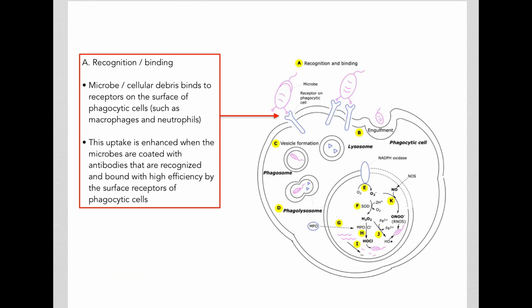In the first step, the microbe or whatever cellular debris is shown here will bind to special receptors on the immune cells. So there is the binding step that happens first. And this binding is even more efficient if the cellular debris is coated by antibodies.